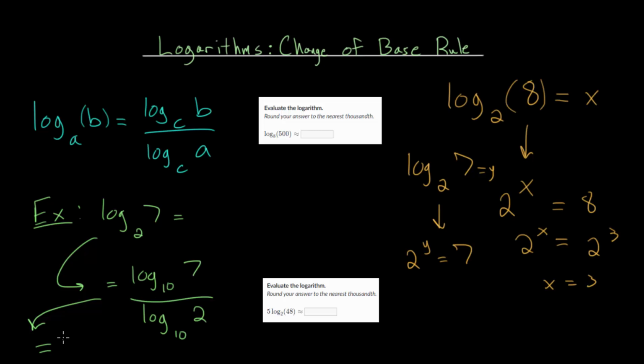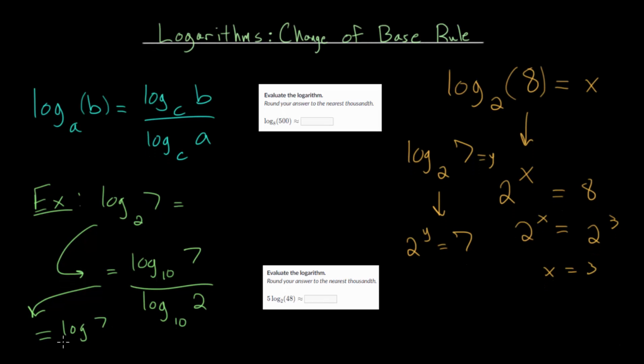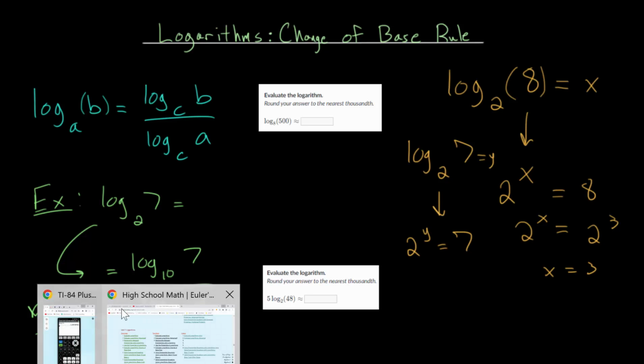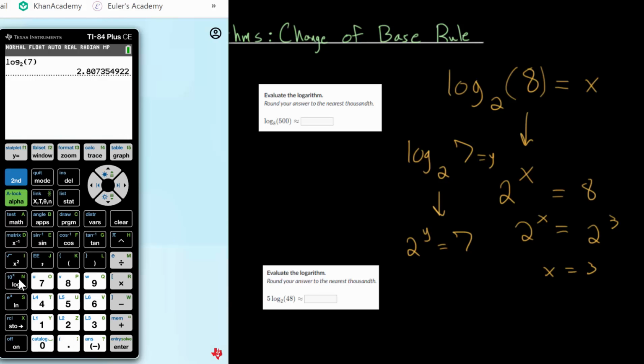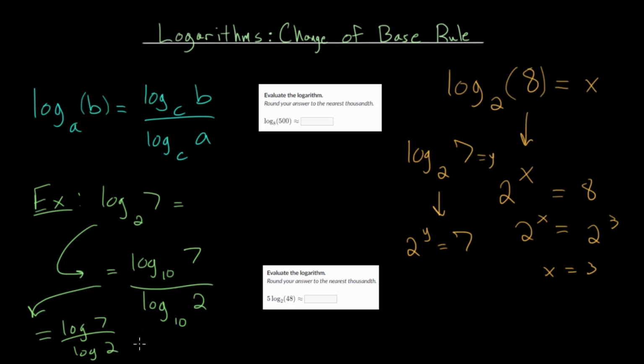It's implied. When we write log 7, the base is 10. We'll divide this by log 2. You can put this into the calculator, and you'll see that we get the exact same answer.